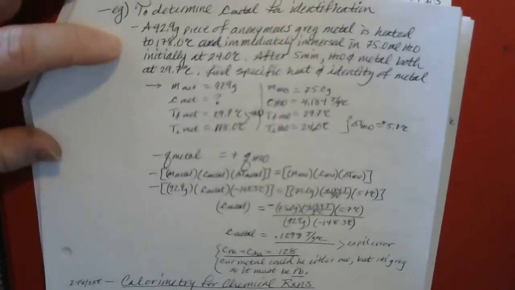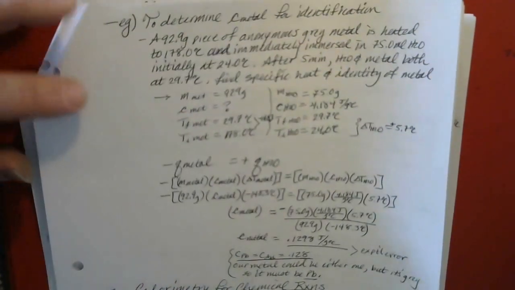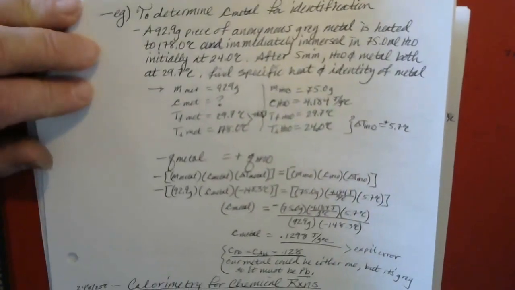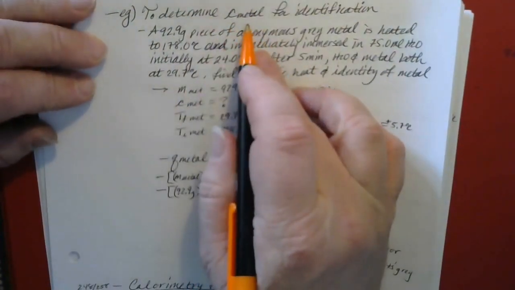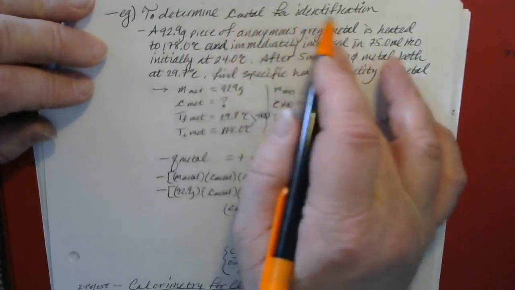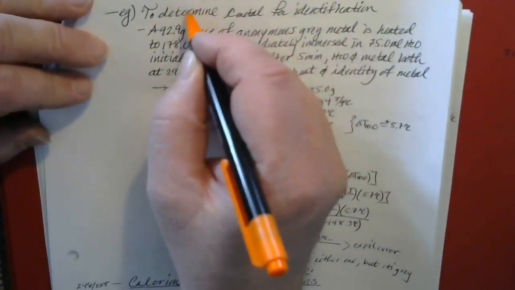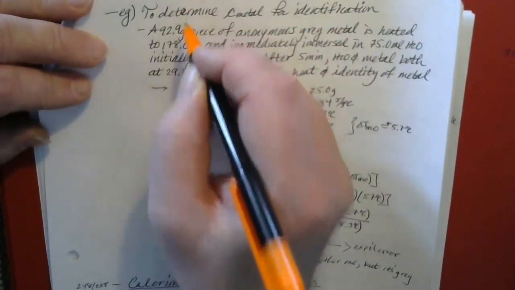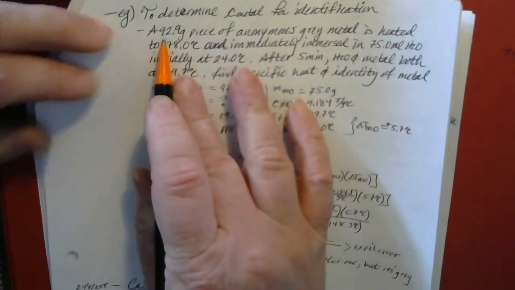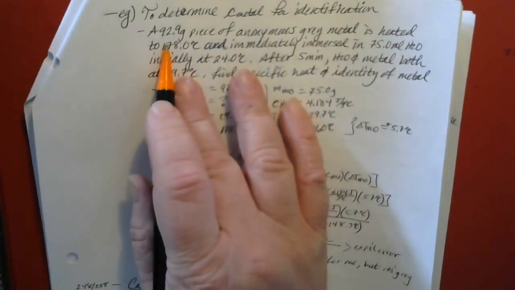And then here is an example of determining the specific heat of the metal for identification purposes. This is a problem in the book, one of the ones that they don't solve for you.